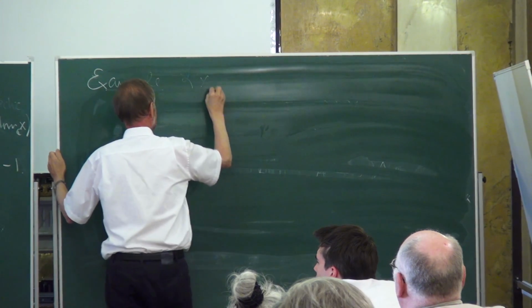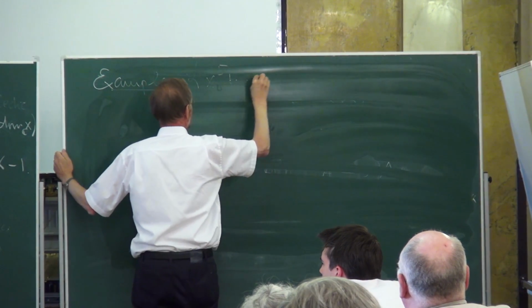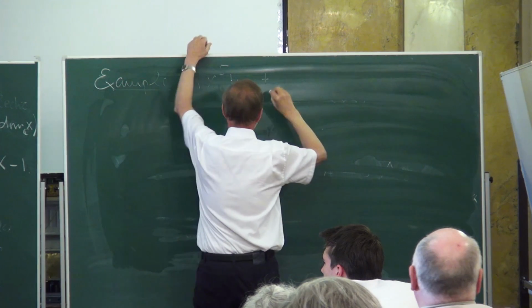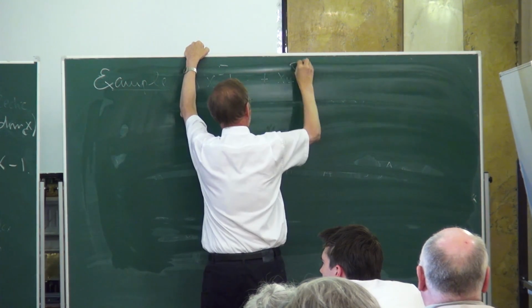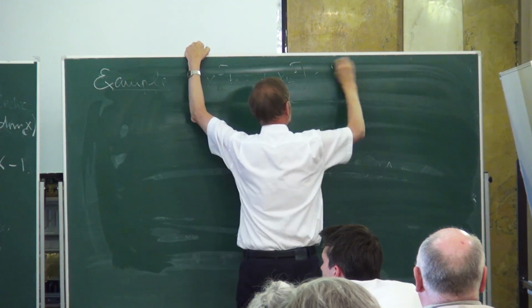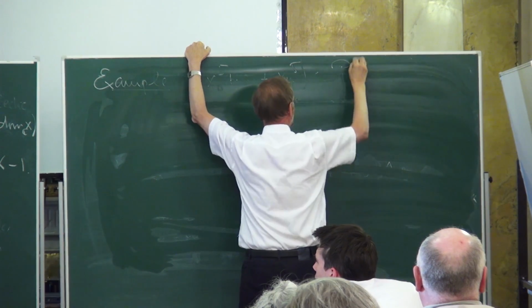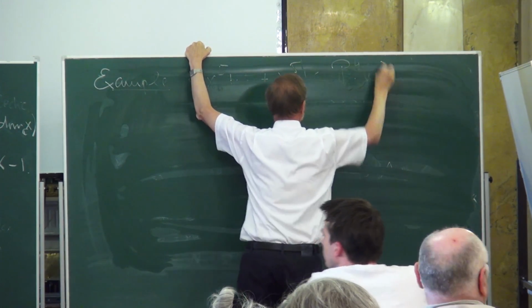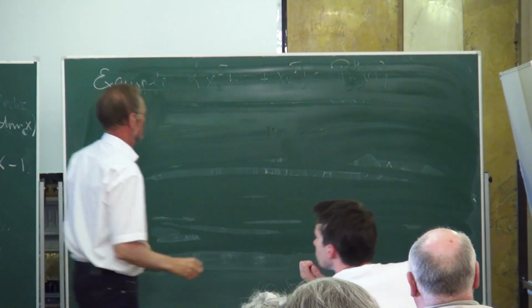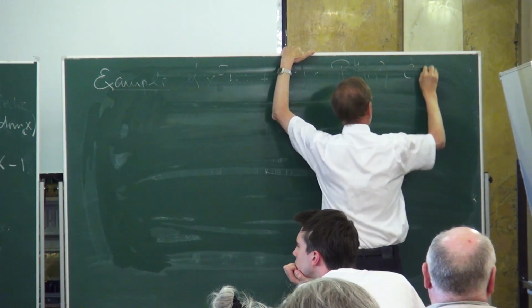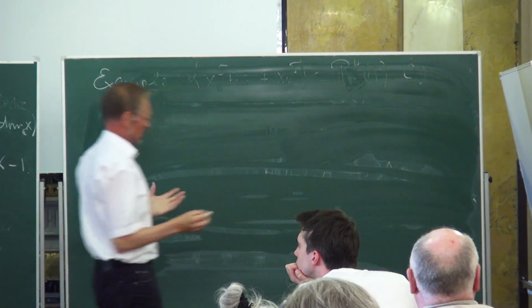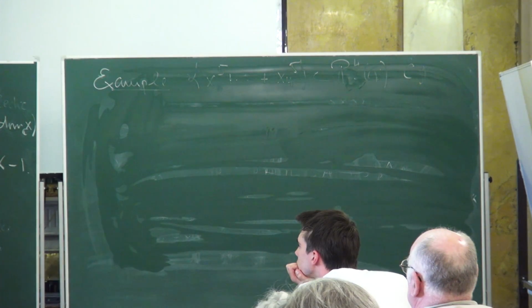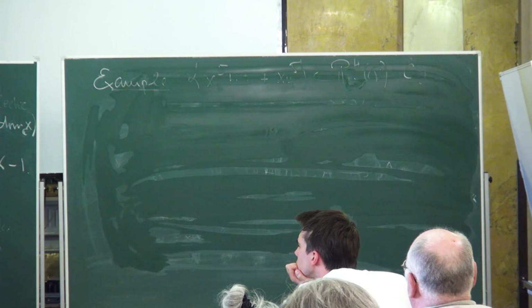Here again I can take a quintic in P4. This is a well-known Calabi-Yau, the quintic hypersurface, or instead of the Fermat equation, I could have taken any generic degree 5 equation. Okay.